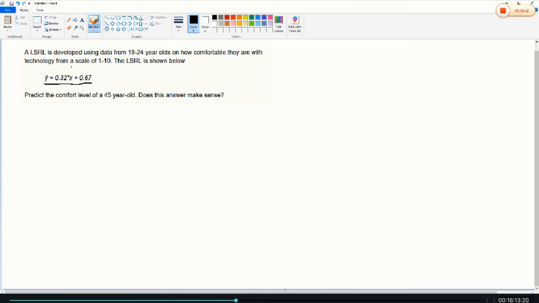So since we know the independent variable, the age of the person, 45, then we have all we need to find the comfort level of this 45-year-old. Let's just substitute 45 into this equation, which would be 0.32, excuse my handwriting, times 45 plus 0.67.